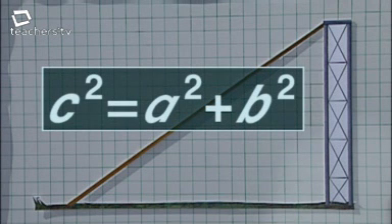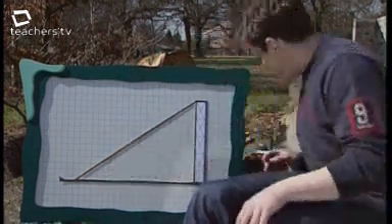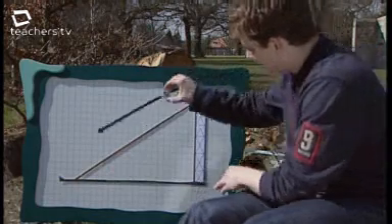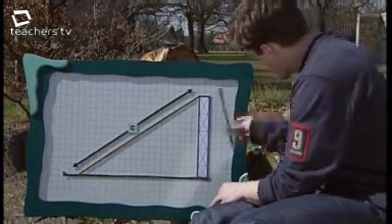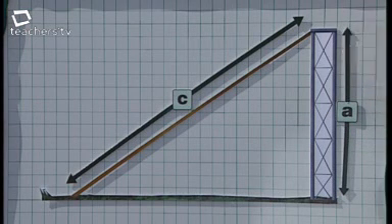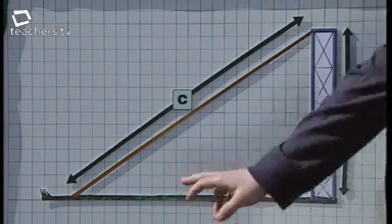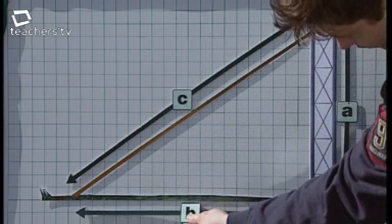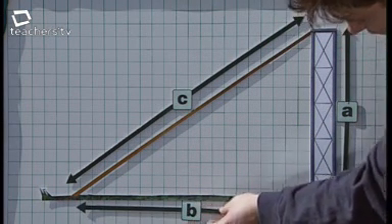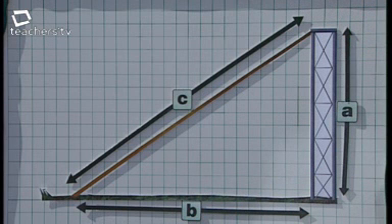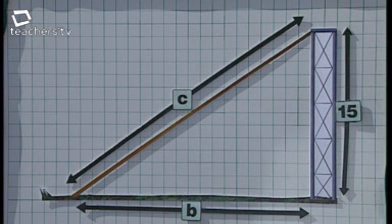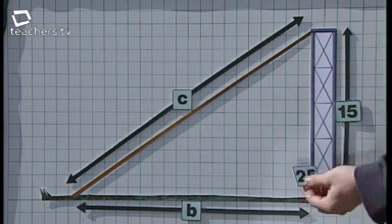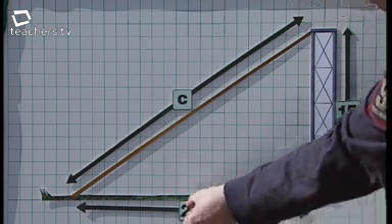Remember, C squared equals A squared plus B squared. The hypotenuse we're going to label C. The height of the tower is A. The distance from the tower to the anchor point shall, from this point forward, be known as B. Now, we already know that the height of the tower is 15 metres, and we also know that the anchor point to the tower is a distance of 25 metres.